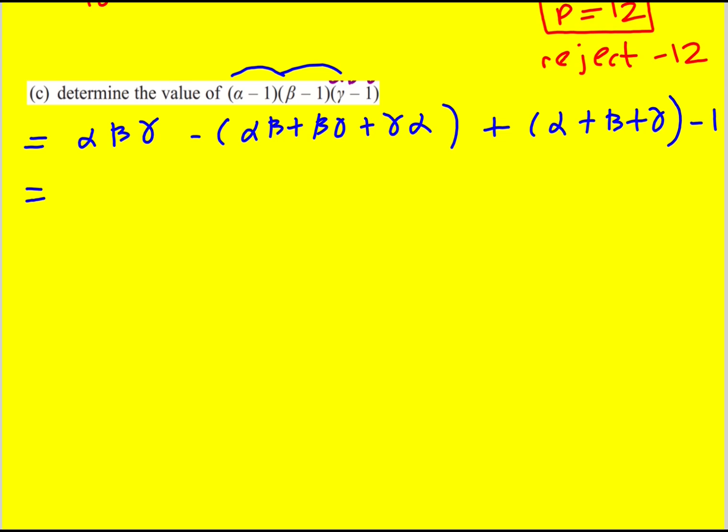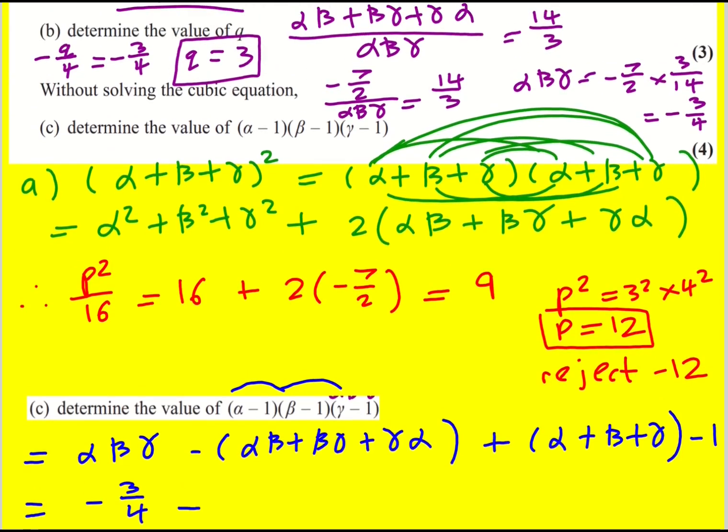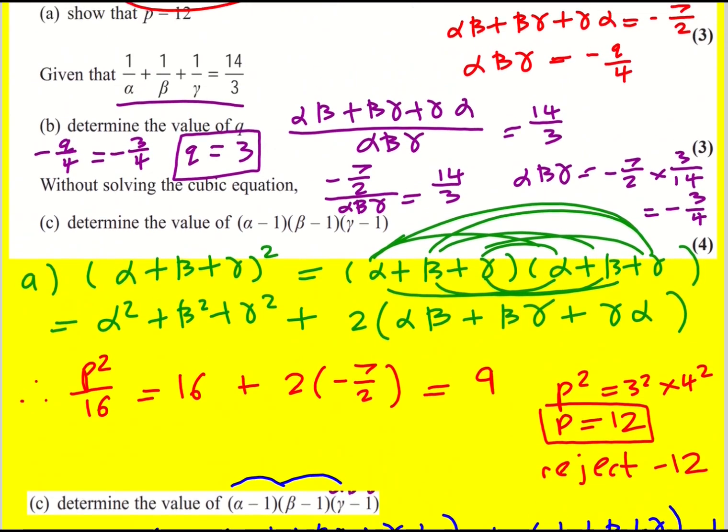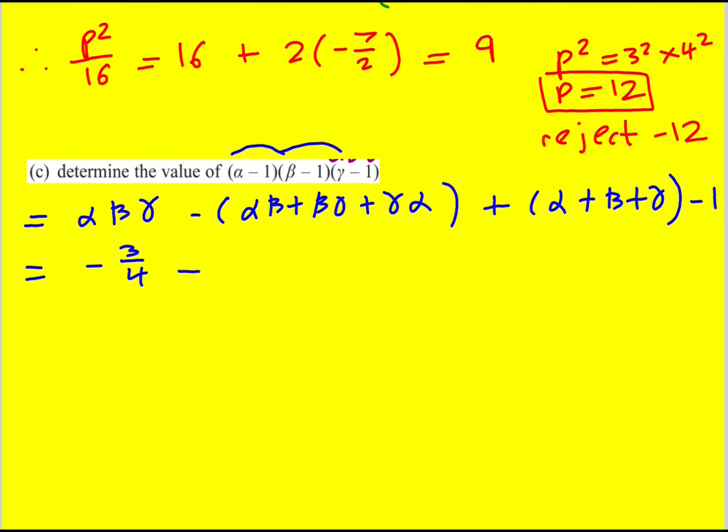And then we're there basically, because alpha beta gamma is equal to minus 3 over 4. We showed that in the last bit. Alpha beta plus beta gamma plus gamma alpha, we found that somewhere. It was minus 7 over 2. Oh no, actually, we're given it right at the start. So I'm minusing minus 7 over 2. Just be really careful with that one.